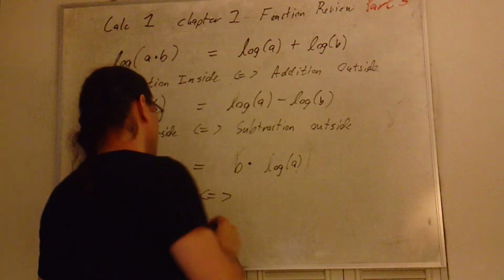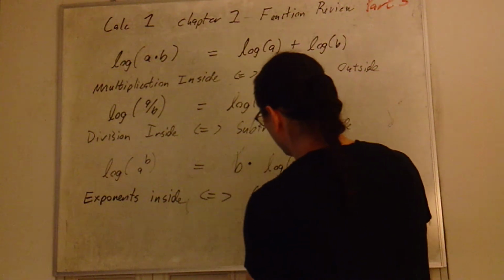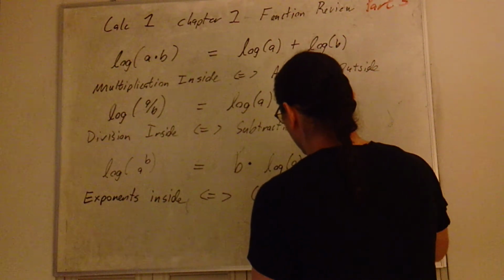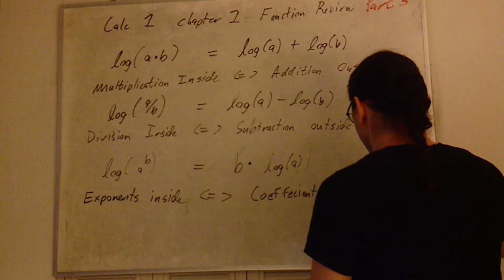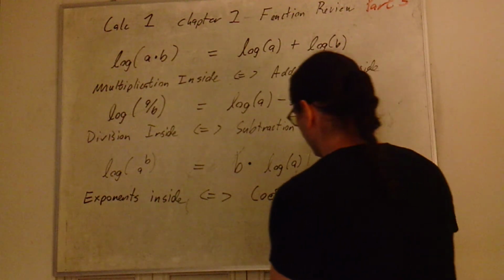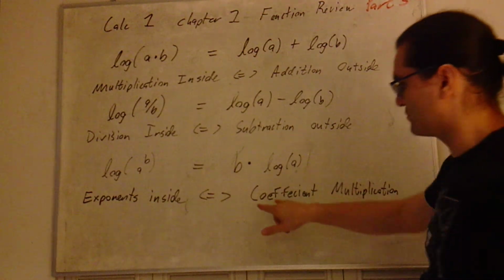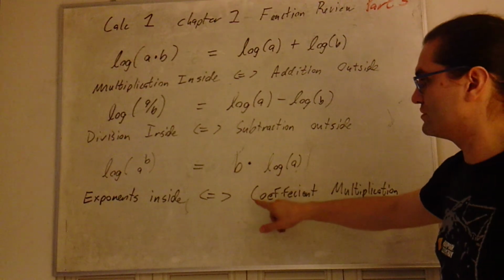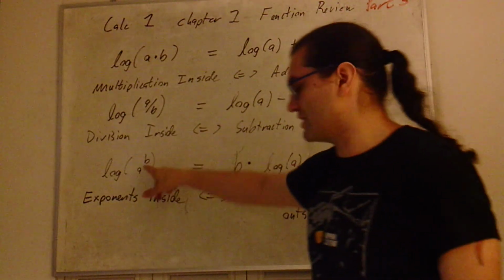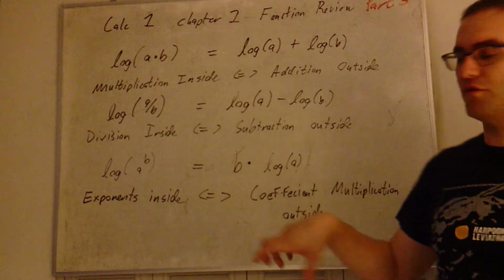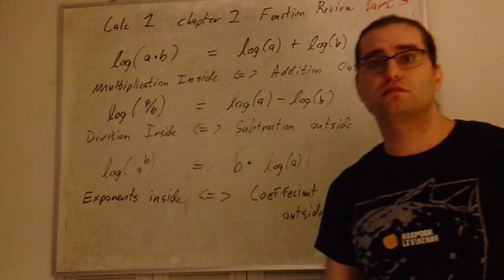Exponents inside is coefficient multiplication outside. I use this word coefficient to suggest that you should not involve a second log. Just use b, use whatever this exponent is, use that as a coefficient, and then you're done, and that's it. These are the properties of logs.